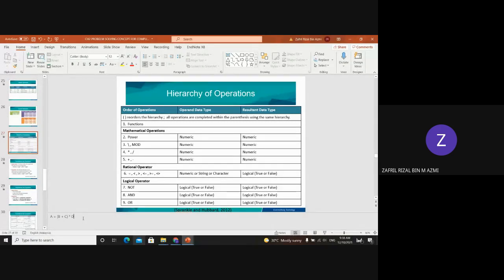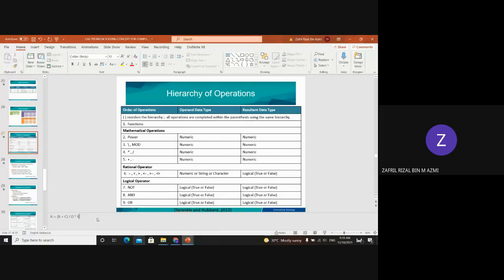What if we have this, divide by D multiply by E? After doing the addition B plus C, which operation should we do, divide first or multiply first? Multiply first.